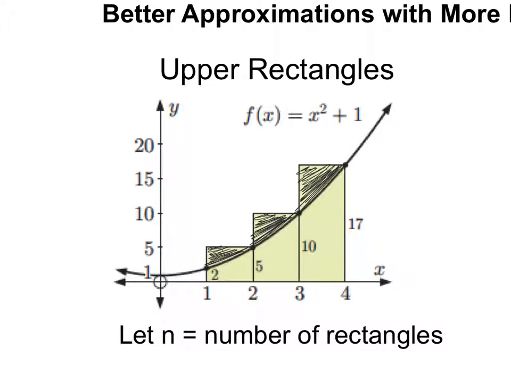However, if we were to make twice as many rectangles, okay, check this out. If I made 2 rectangles out of that one, if I made 2 rectangles out of this one, notice I'm still using the right-hand side for the heights of my rectangles. Okay?